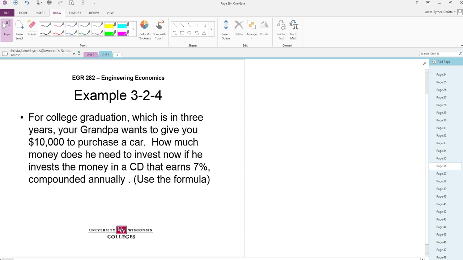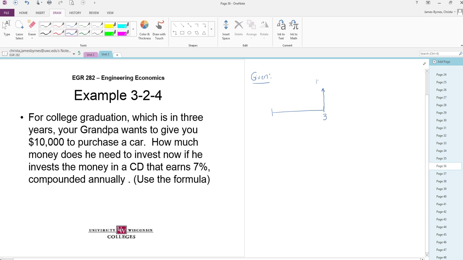For college graduation, which is in 3 years, Grandpa is being really nice. He wants to give you $10,000. Typically, as I'm reading this, I write out what I'm reading as I go. College graduation, 3 years. Grandpa gives me $10,000.